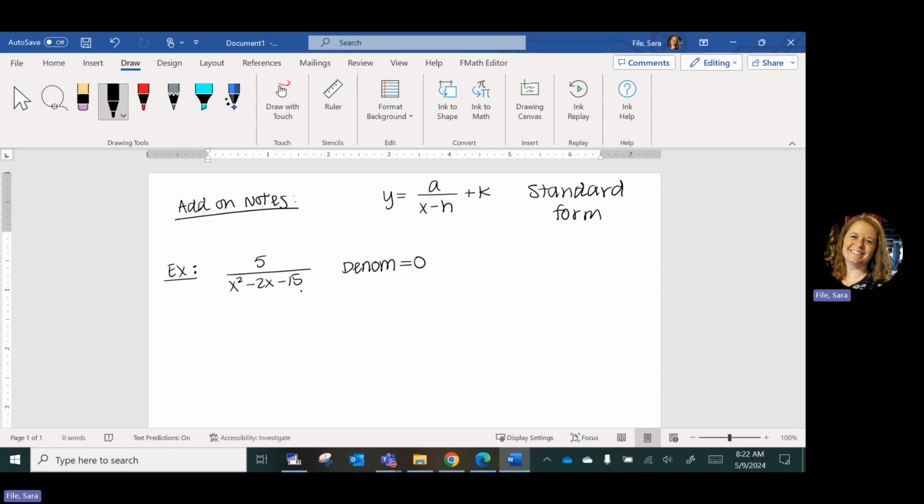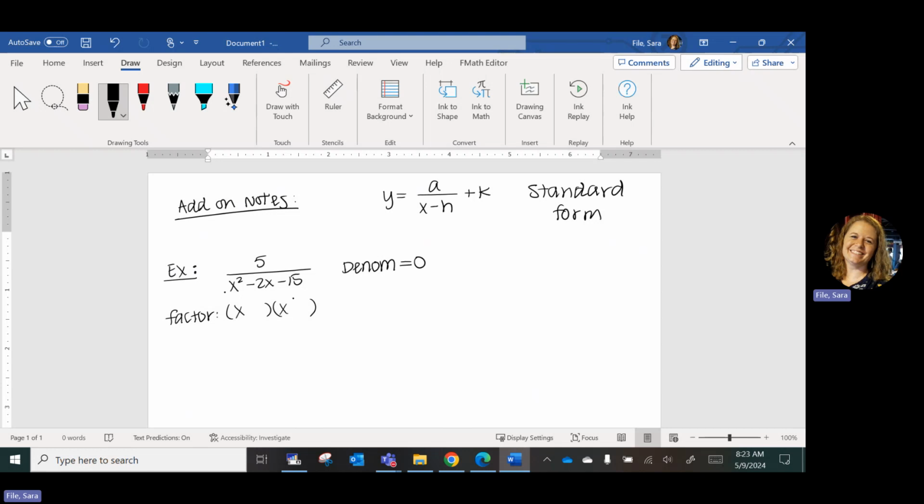Now, in the majority of cases, if it's more complex than just x minus h, you need to factor. In this case, it's a quadratic, so we're going to factor that denominator. You may have to refresh on factoring, but x squared would factor to x times x.